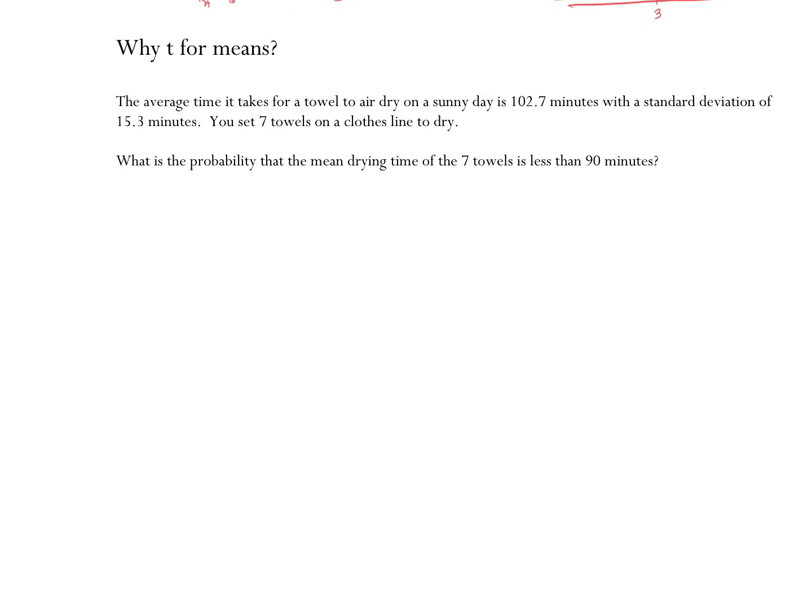As I read that question, the first thing that jumps out at me is I want to find the probability of something being less than 90, but what symbol would I use for that something? Because that is asking the probability that X bar is less than 90. Is everybody good so far?